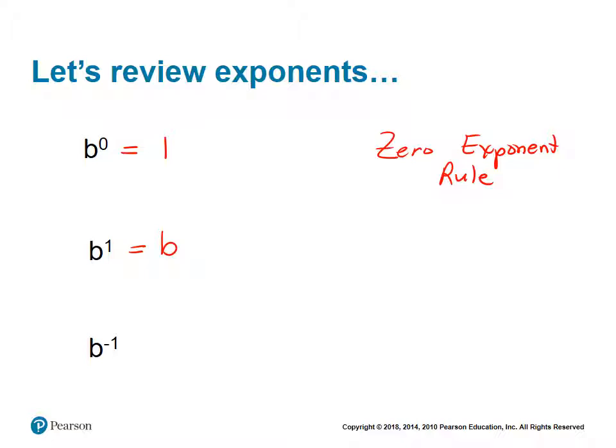So that would be b. And last but not least, remember that when you have negative exponents, they will always flip the base. That means they take the reciprocal. So b to the negative 1 power equals 1 over b. So remember these 3 rules as you work through today's exercise.